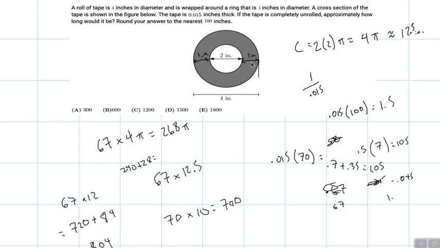Oh, well, the circumference is going to be changing. Actually, that's an interesting point.